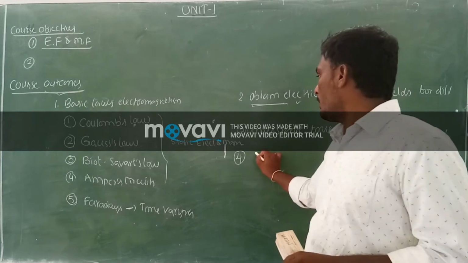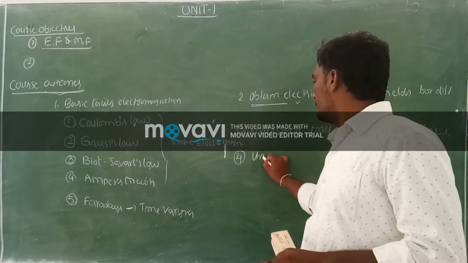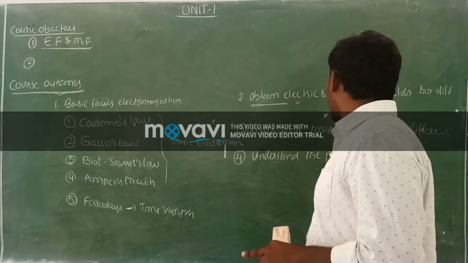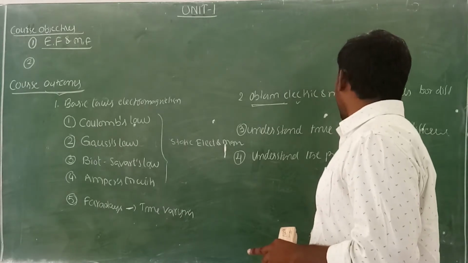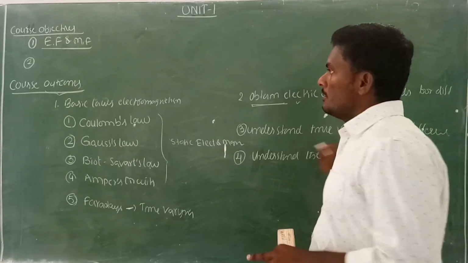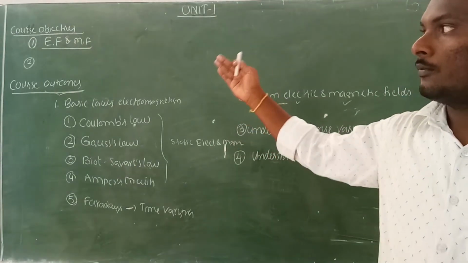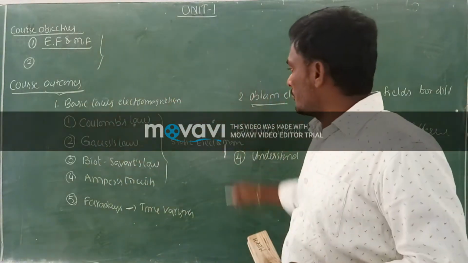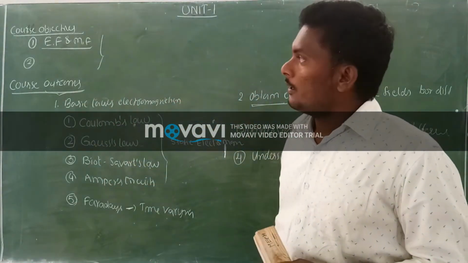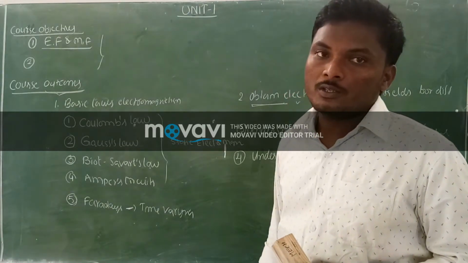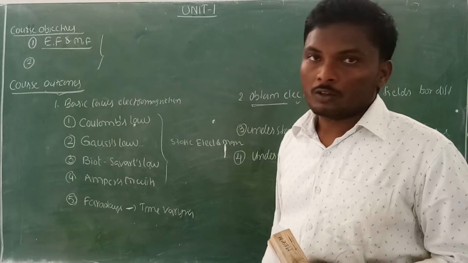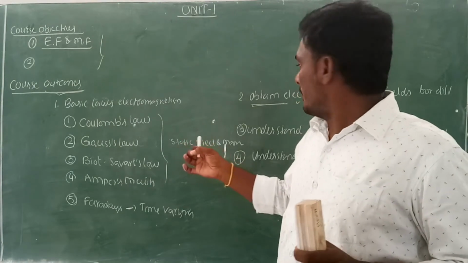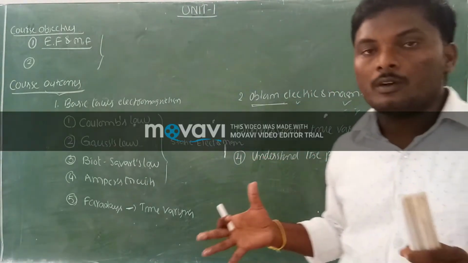So understand the propagation of waves. These are your objectives for this course. First two are objectives for this course, and these four are outcomes for this course. What is the meaning of objective? Objective is introducing the subject. And what is the outcome? Outcome is that after completion of this course, you should be able to understand and obtain some quantities like this.